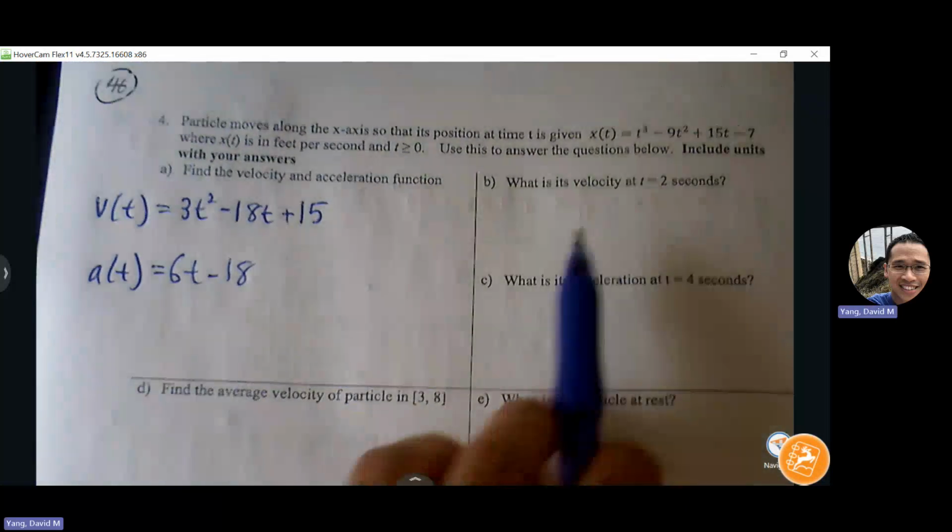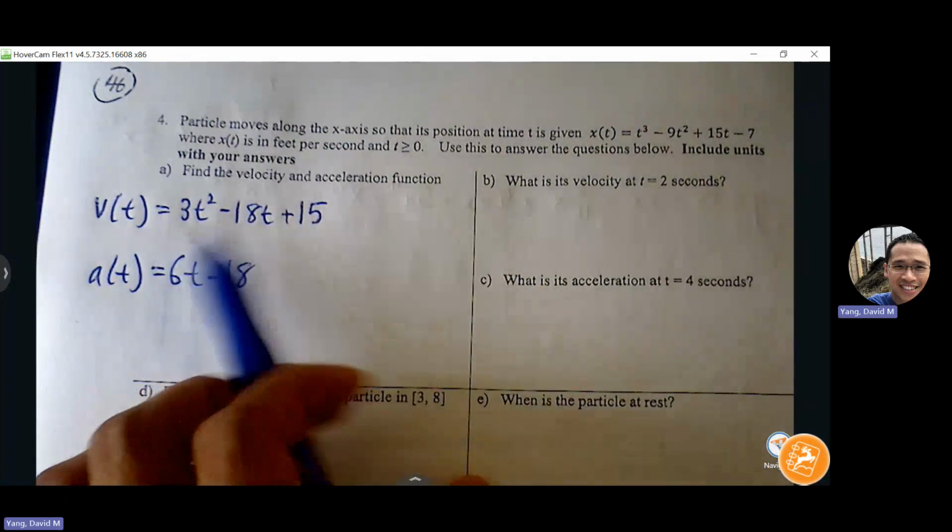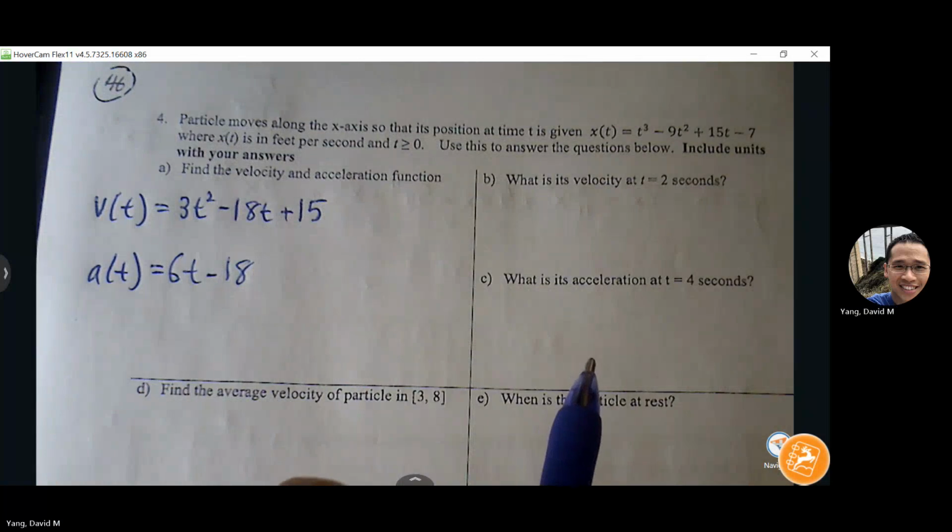Okay, what is the velocity at t equals 2 seconds? How should we do that? Plug 2 into velocity.